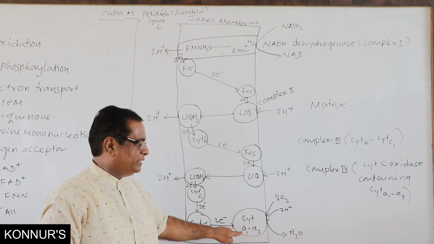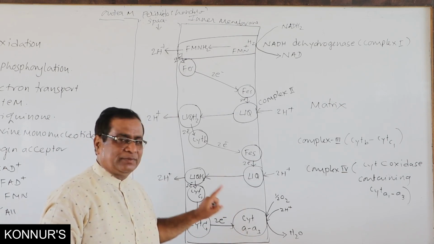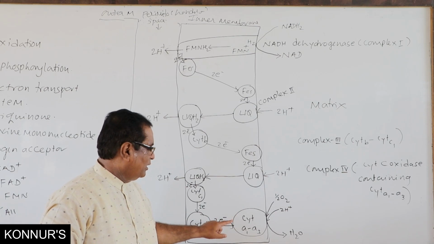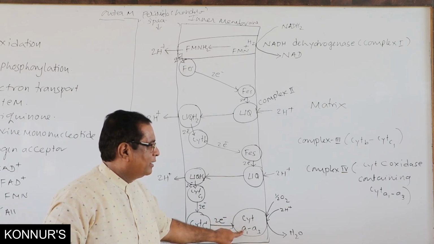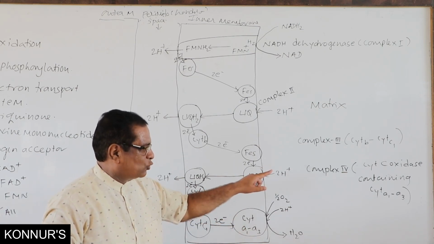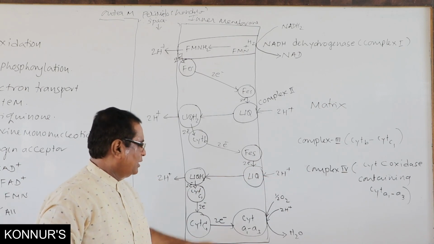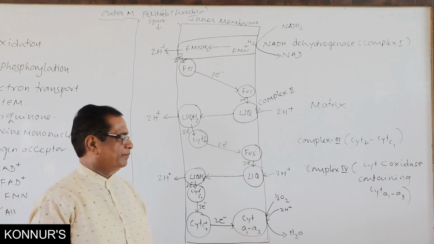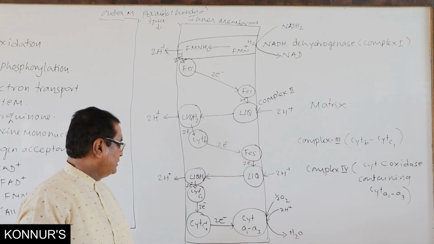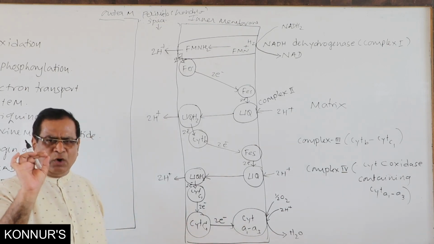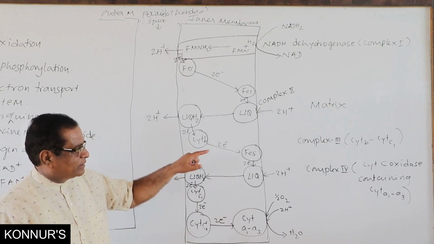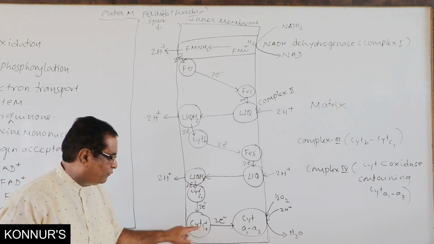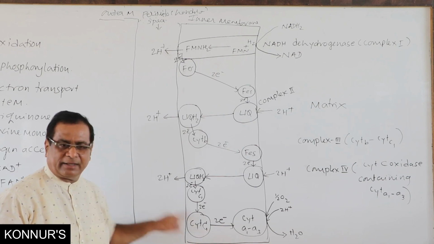And complex fourth is the enzyme cytochrome oxidase containing cytochrome A1, A3. This is the fourth complex, and a small protein which connects complex third and complex fourth is cytochrome C as well.